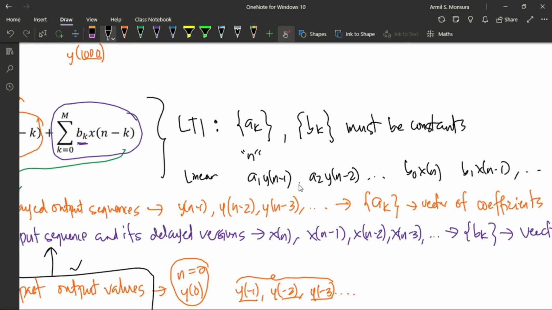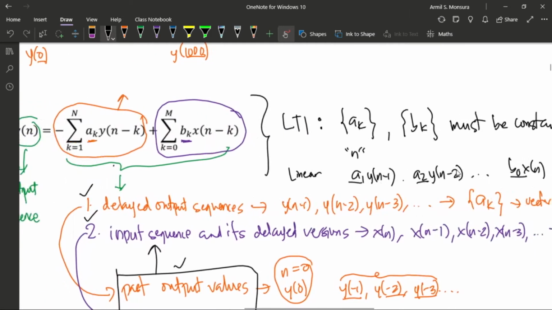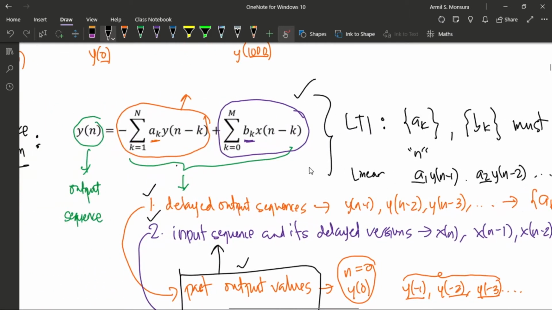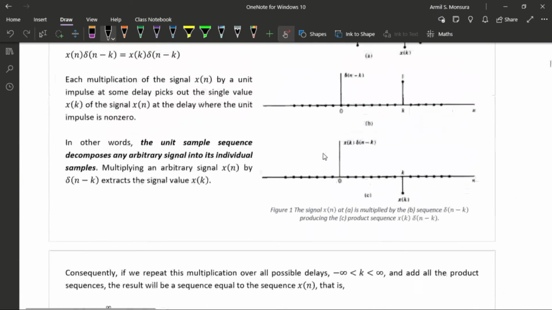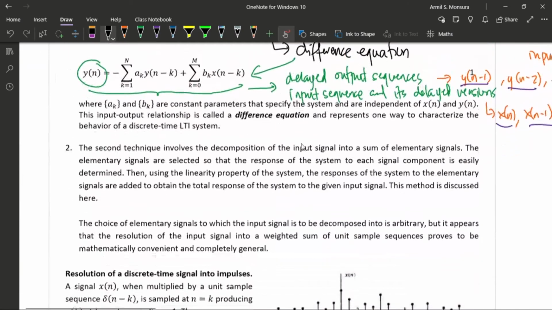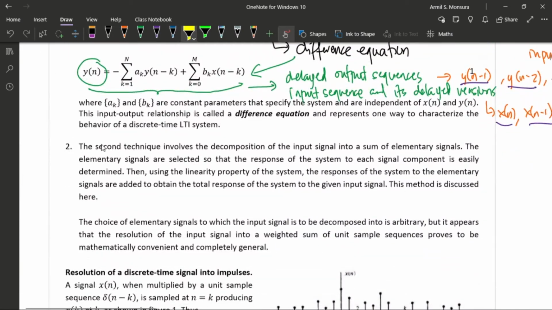So yan lang dapat natin siya makikita with these values of A to be constant. So that makes the system described by this IOR to be linear and time invariant. So yun yung requirements natin. Again, we will develop techniques in solving this difference equation in lesson 3.3. As I was saying, pag-uusapan natin dito sa lesson na to is the second technique.